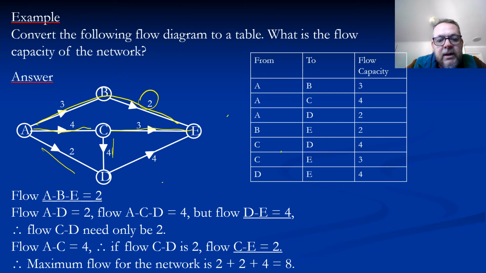Therefore, the flow from C to D need only be 2, so that's fine. And flow A to C is 4. Therefore, if flow C to D is 2, the flow from C to E is only going to need to be 2. So the maximum flow for this network is 2 plus 2 plus 4, which has got to be a total of 8.